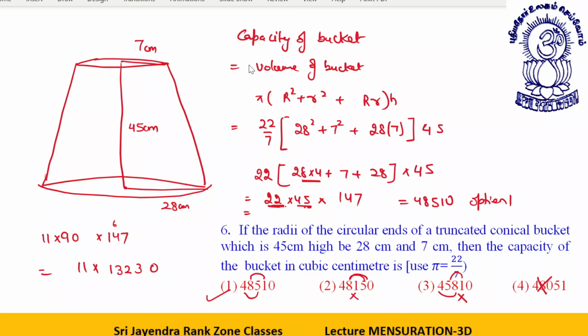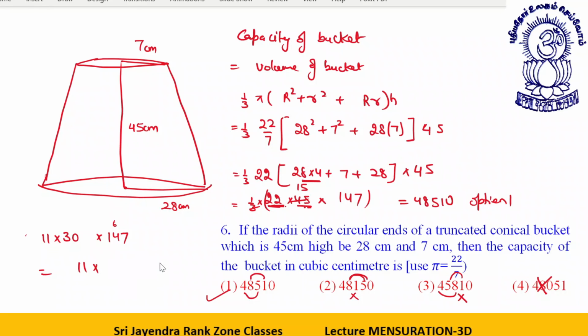Just one small thing which I neglected, dear students, that is one third will come over here. Okay, this is one third, one third. So one third of 22 into 45 like this. So it will be actually 15. 22 into 15 into 147. Again, here it will be one third, so it becomes 30.